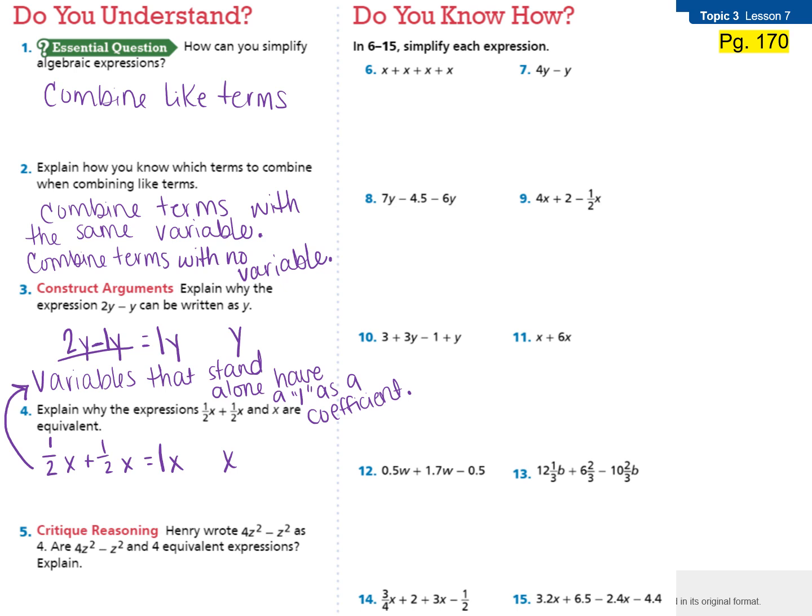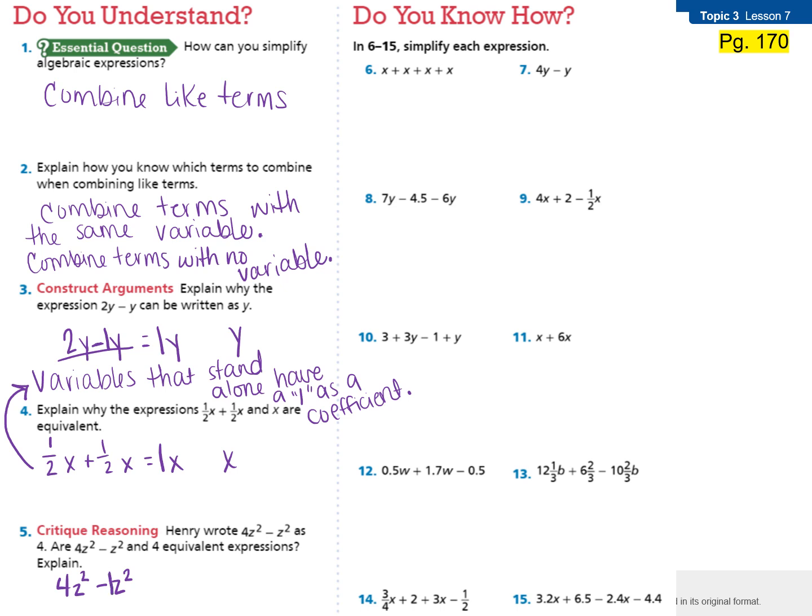Look at number 5. Henry wrote 4z squared minus z squared as just the answer 4. So are 4z squared minus z squared and 4 equivalent? So again, if you had 4z squared minus z squared, think of it like this. Z squared is my like term, right?